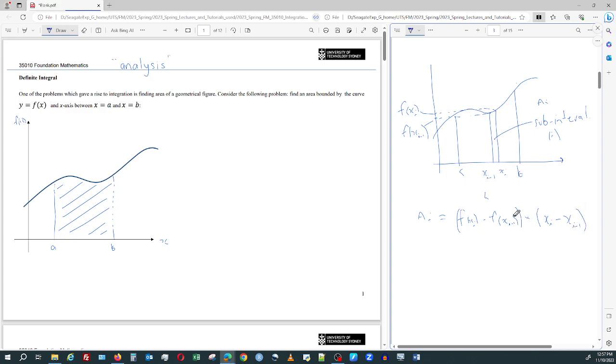So that product would give us an approximation to the area.